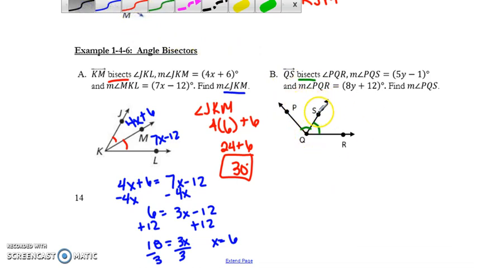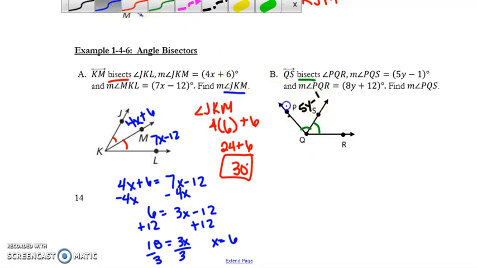PQS, it does give us PQS. We're finding PQR. So PQS is right here, this angle right here, and so that's 5y minus 1. Then it gives us the PQR. That's the whole angle right here.